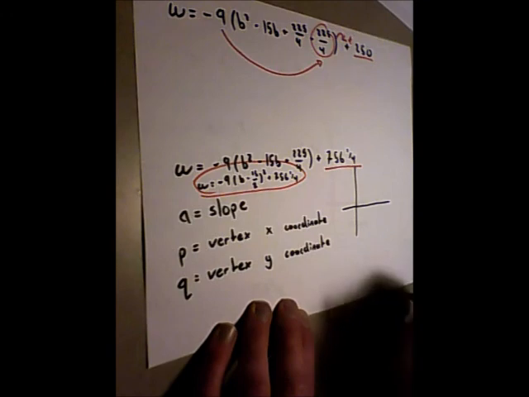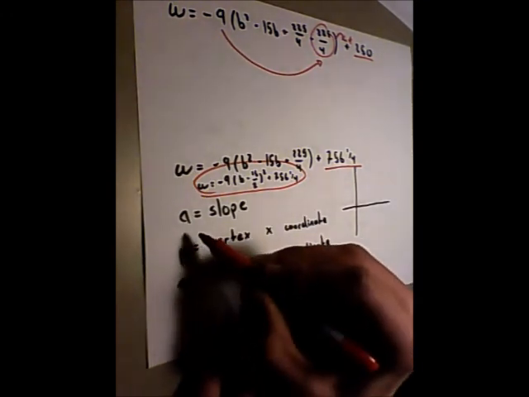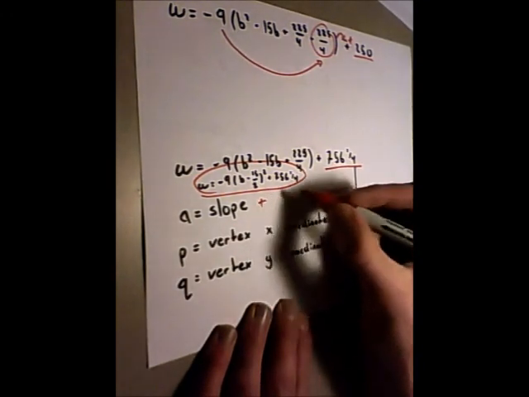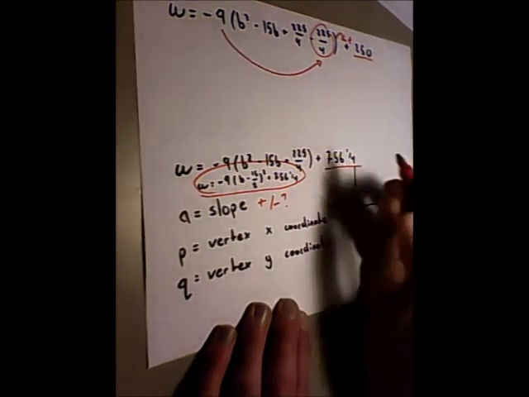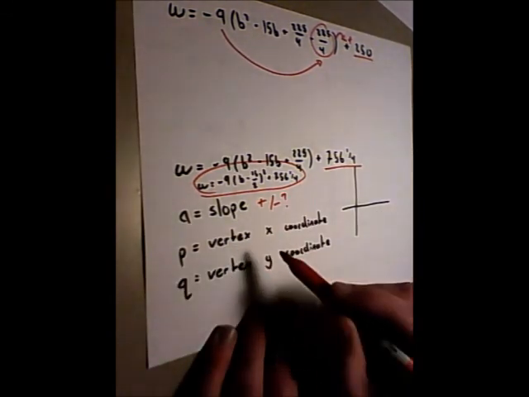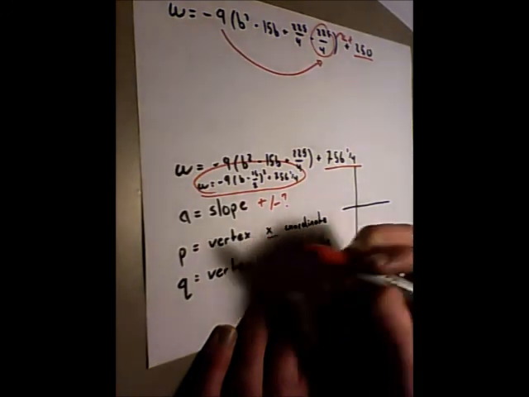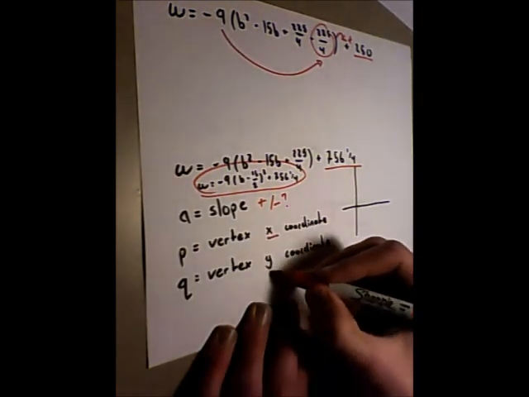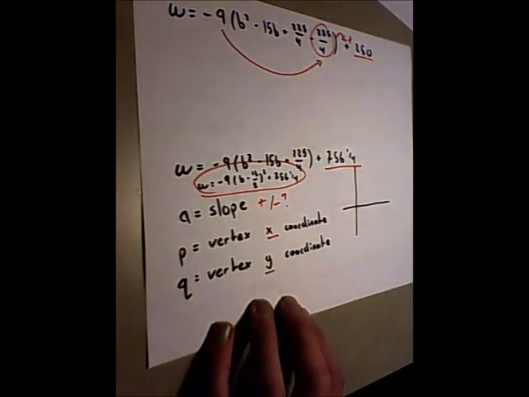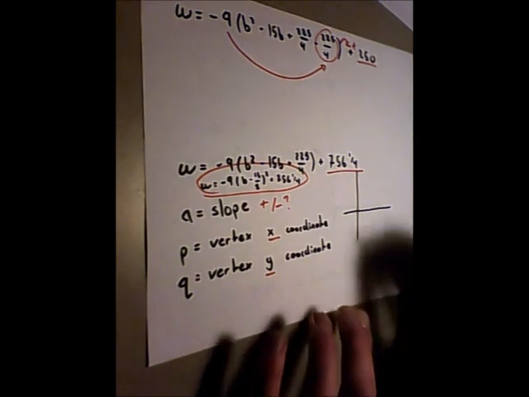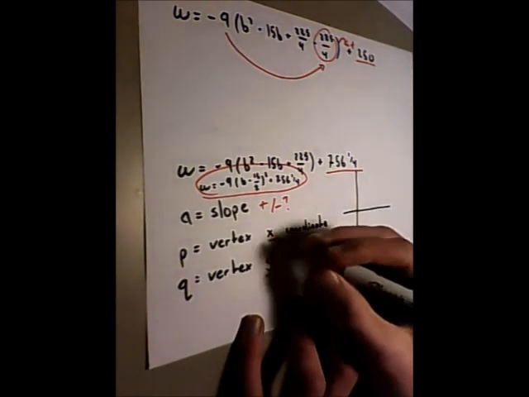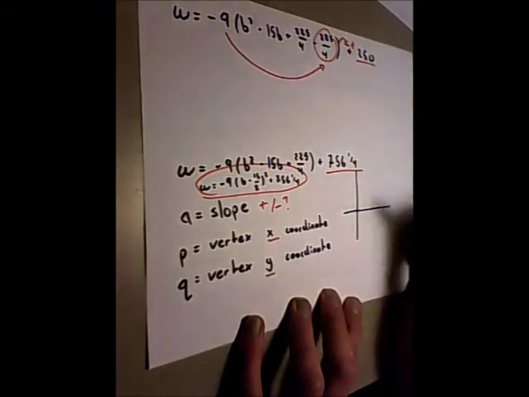Now, graphing vertex form is nice and easy because a is equal to the slope. Remember to think, is it positive or is it negative? p is equal to the vertex's x coordinate, and q is equal to the vertex's y coordinate. So now we're going to graph it. Let's find our vertex first. That's our starting point.